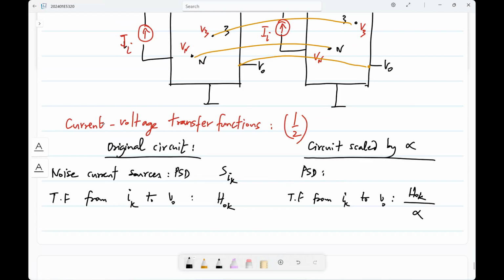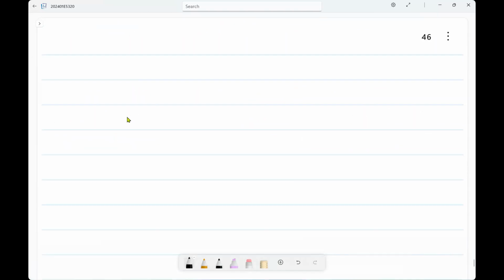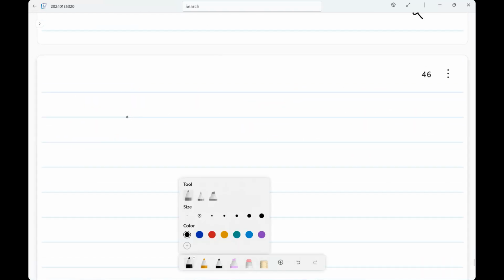Power spectral density of the noise current sources alone, what happens? What's it? It will scale by alpha square. What happens here? So I have, actually we can just do it with two resistors.